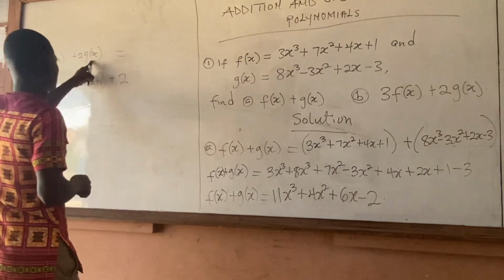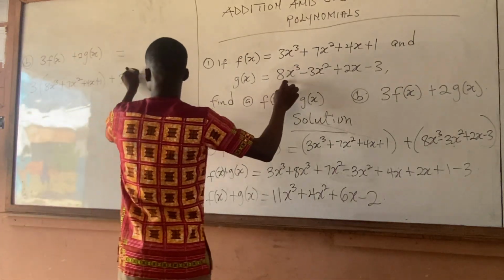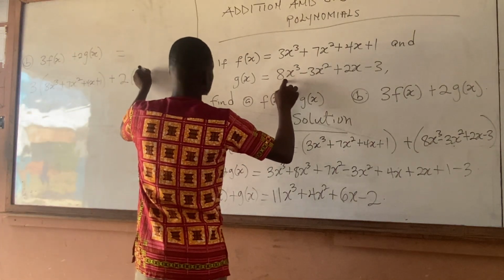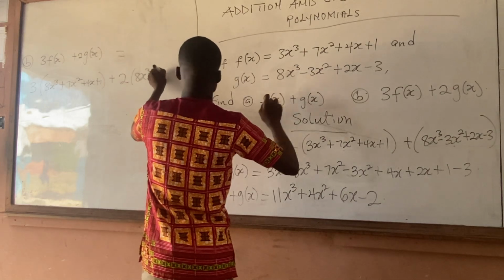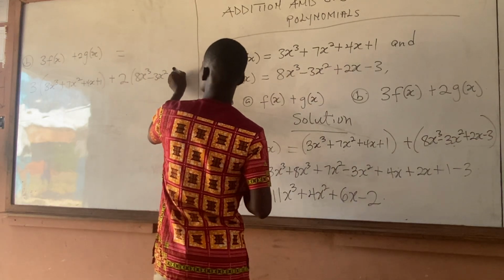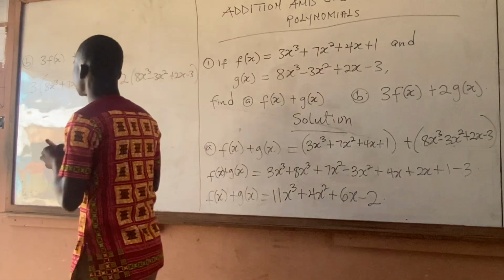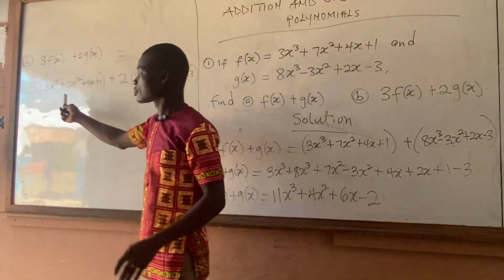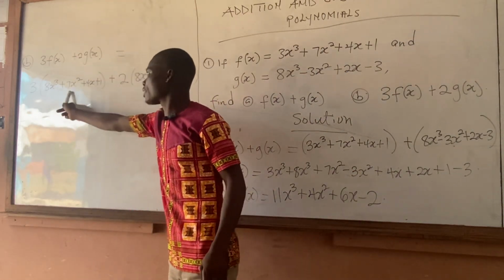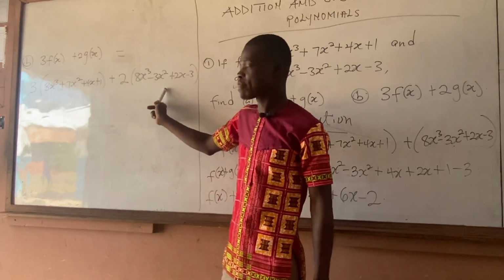And 2 times function g. Sorry, 3 times f of s plus 2 times g of s.